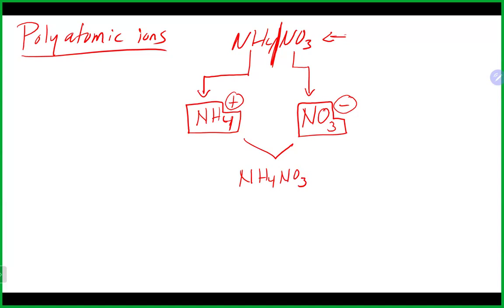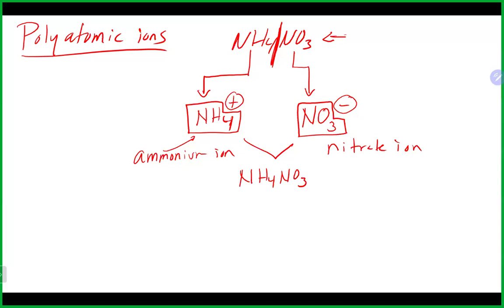Now, polyatomic ions do have special names. This is what is known as the ammonium ion. And this is what is known as the nitrate ion. And with polyatomic ions, it does not matter how many of those ions you have.